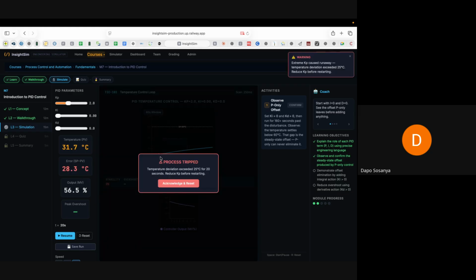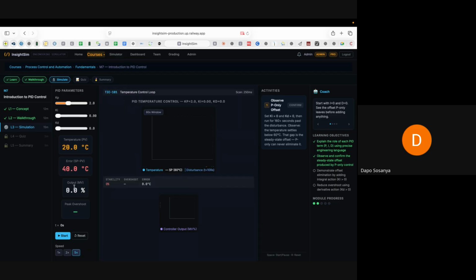So you can see the process did not get to within that range, within the time, right? So we have that also. Now, let me introduce the integral term, or let's do this. Let's increase this again. So that's the temperature rising. So at 3.6, we have it.